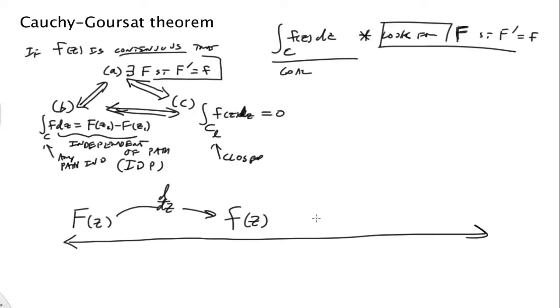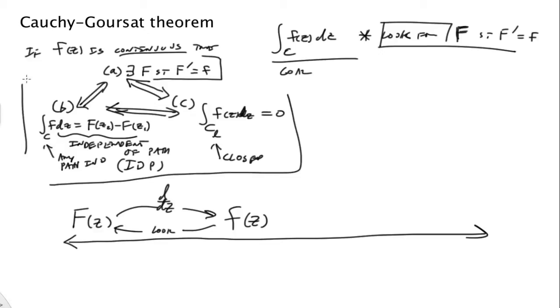So what we're doing is always looking to see if I can find an antiderivative. And then I get this whole host of really nice properties that we can use to compute integrals with.